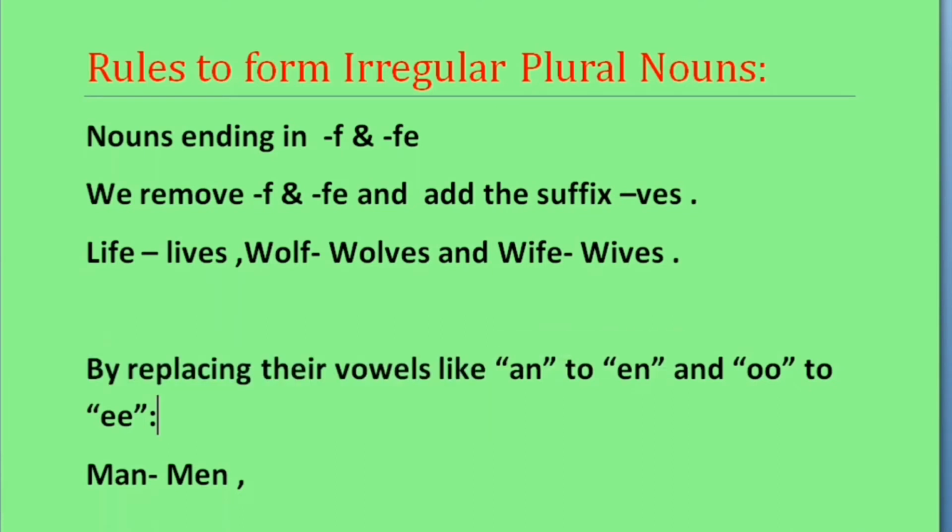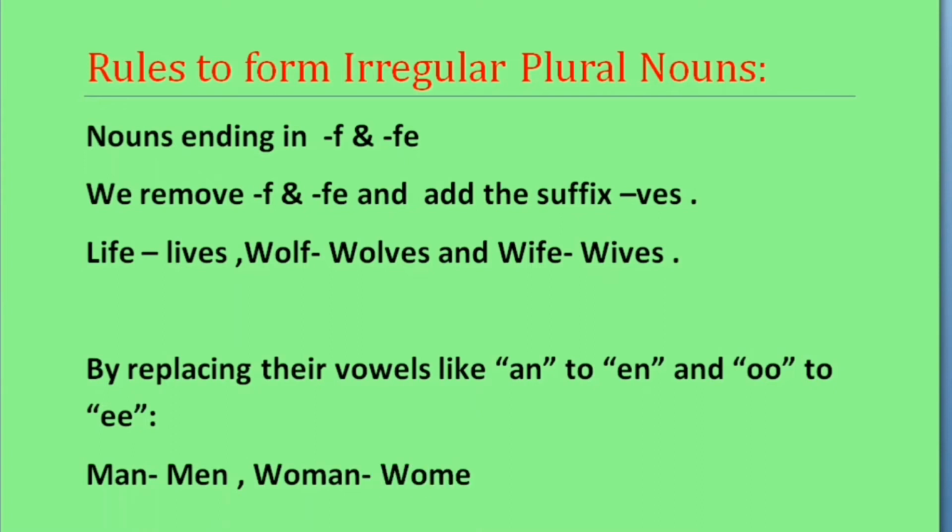The second rule is replacing vowels. In the case of some irregular nouns, we change the vowel sound, like in man, we change a to e. As we see, we are changing it to plural, which is men, because we are replacing the vowel a with e. Similarly, you can take the example of the word woman.